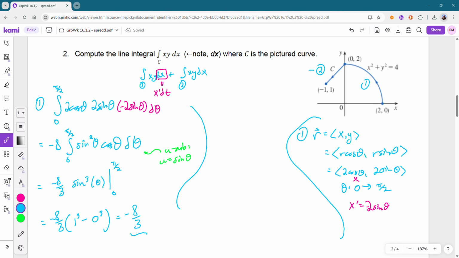For our line segment, we have a parameterization similar to our first problem above. Since it's a line segment, we'll use our line parameterization. We're starting now at the top point, (0, 2), and marching down to our point, (-1, 1). And our direction vector will then be (-1, -1).